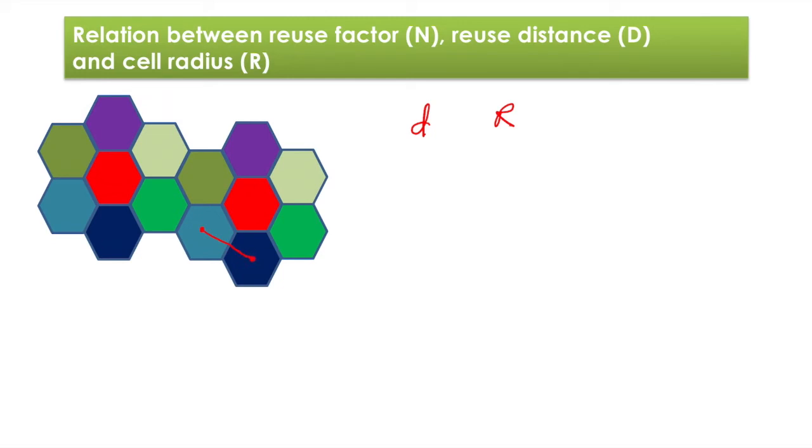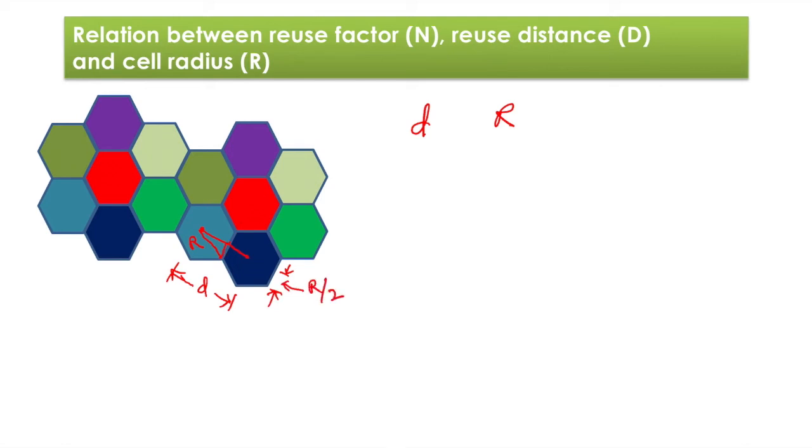Here this distance is considered as small d and the radius of the cell is r. Since this is a regular hexagon, the sides of the hexagon will also be equal to r. That is why this distance will be r by 2.